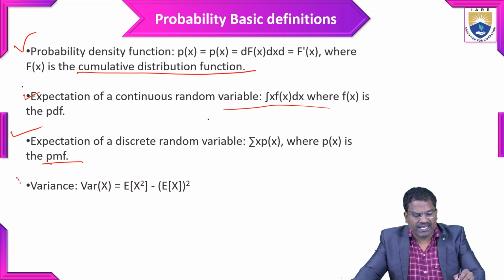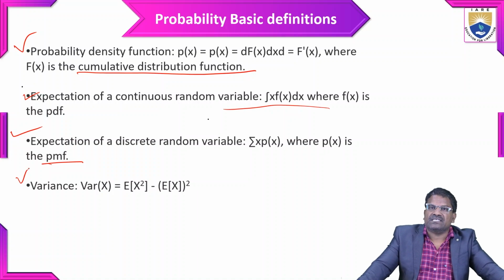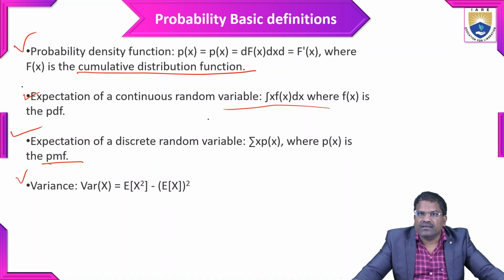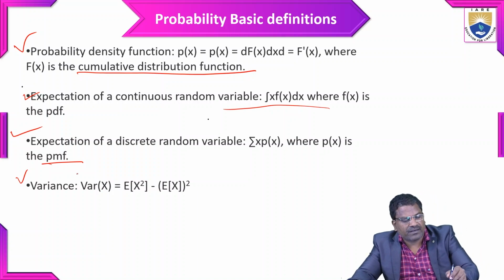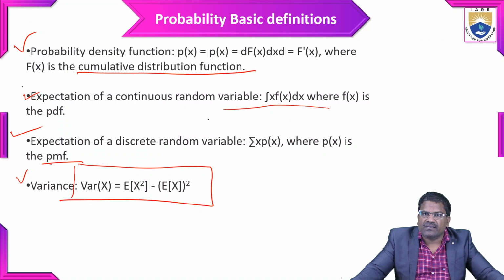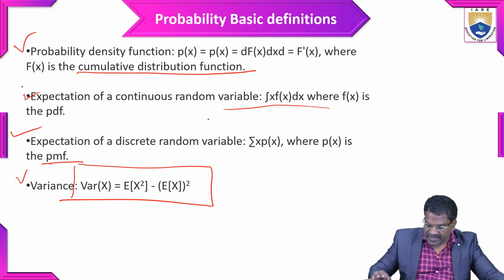Next, variance. Variance of x is equal to E of x square minus E of x whole square.